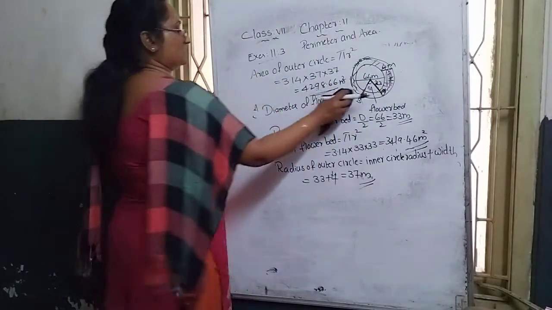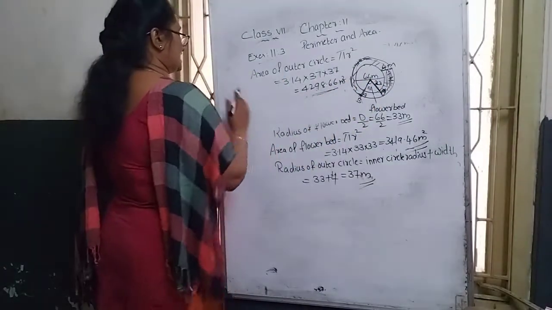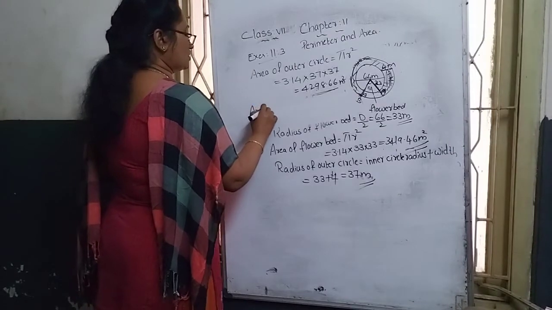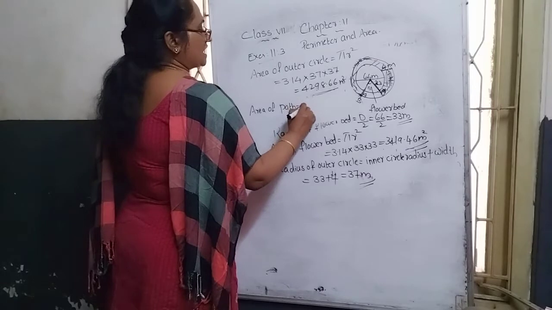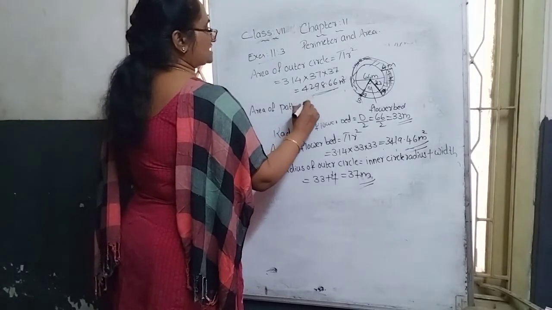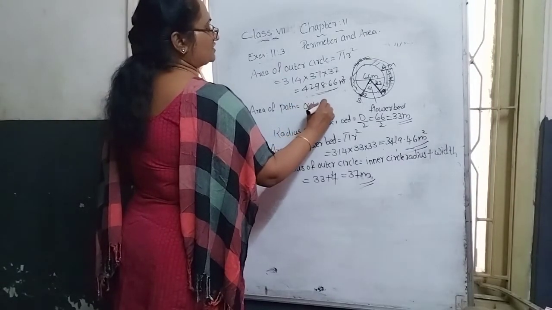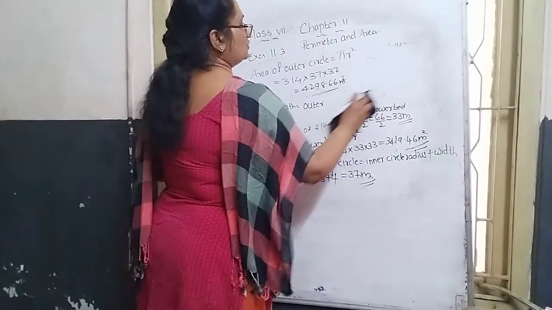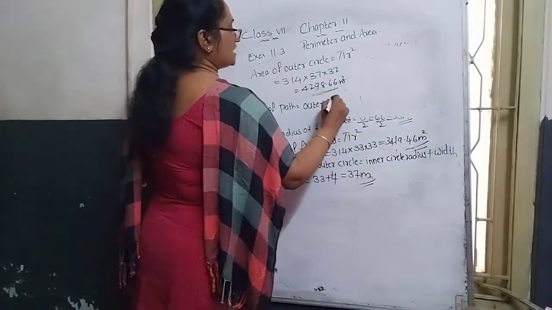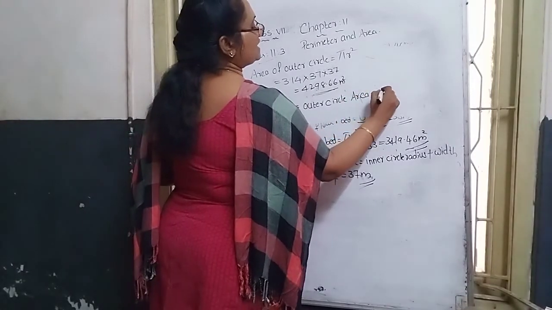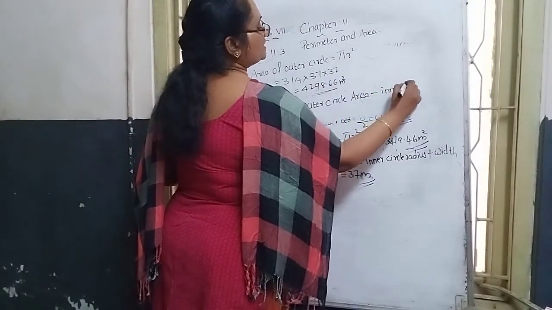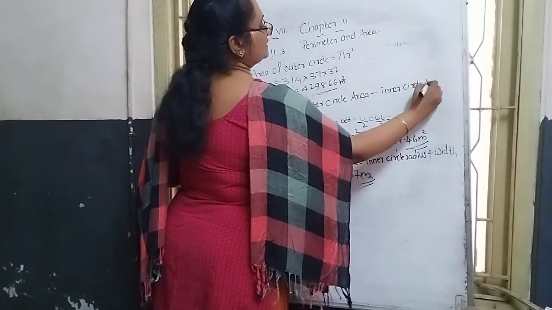So the last step is area of path is equal to outer circle area subtracted with inner circle area.